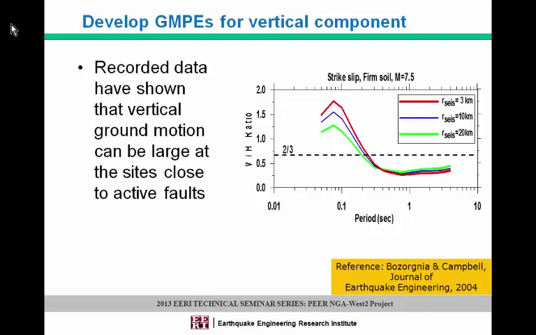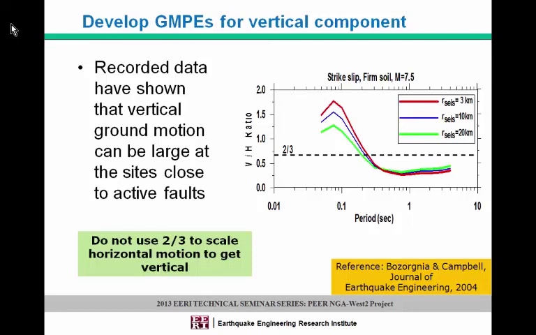When you get to longer period, the ratio is less than 2/3. One recommendation, it has nothing to do with NGA, but we confirmed it: don't use 2/3. It has no scientific foundation. The data doesn't support the 2/3. It comes from a long time ago. We can do a better job.